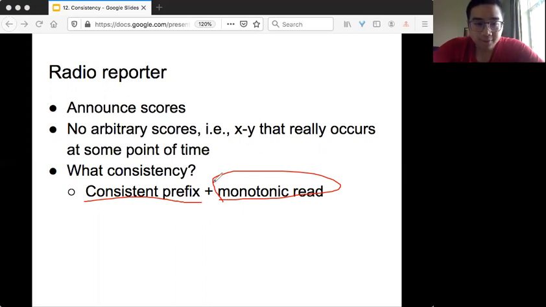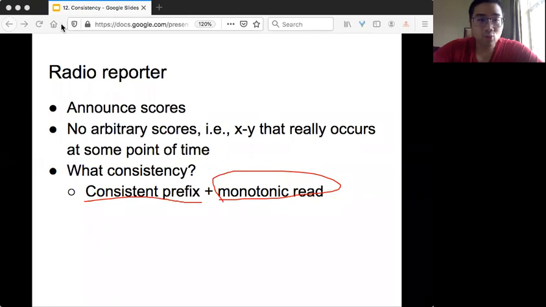Okay. So it's very interesting that this consistency model is especially for all these different kinds of eventual consistency. Sometimes you need to require two or more in order to make sure your application semantics is respected or satisfied.